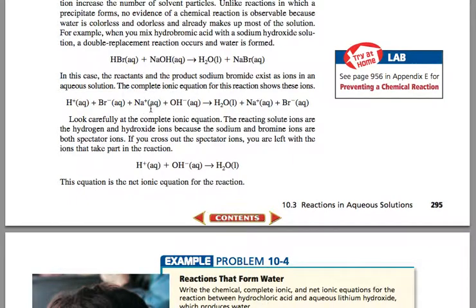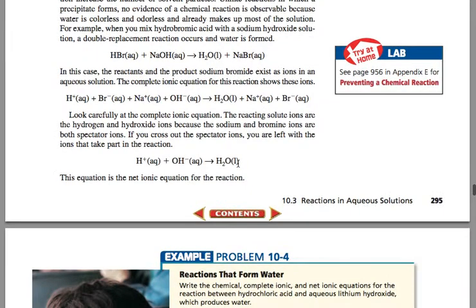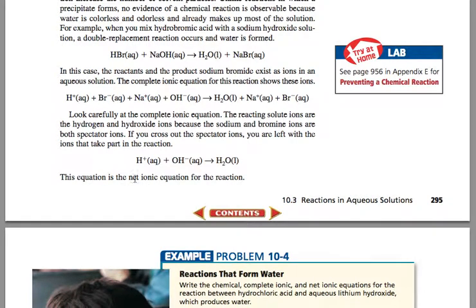Sodium doesn't do anything. Look, it's there and it's there. Bromine doesn't do anything. It's there and it's there. We can cross them off. So if you cross out the spectator ions, you are left with the ions that take part in the reaction. Hydrogen ion and hydroxide ion react to produce water. This equation is the net ionic equation for the reaction.